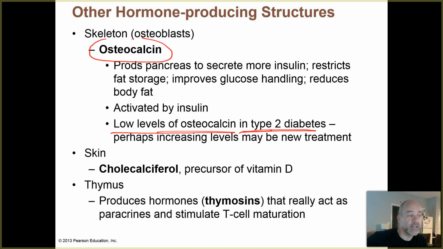Could be interesting. The skin produces a compound called cholecalciferol. All right, so you've heard before that the skin makes vitamin D, and cholecalciferol is like an immature form of vitamin D that's made in the skin, and then it goes to the liver and the kidneys to be converted into the active form of vitamin D. It has to undergo some changes.